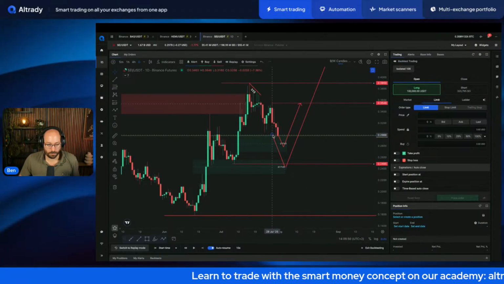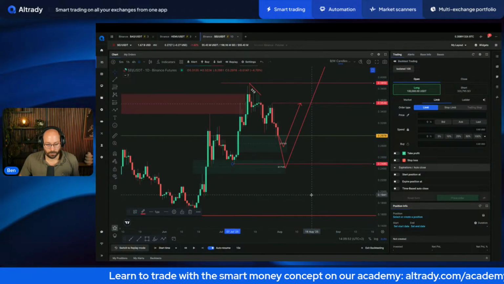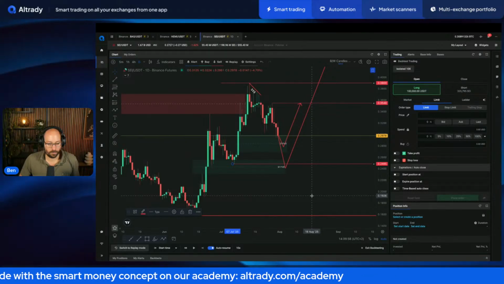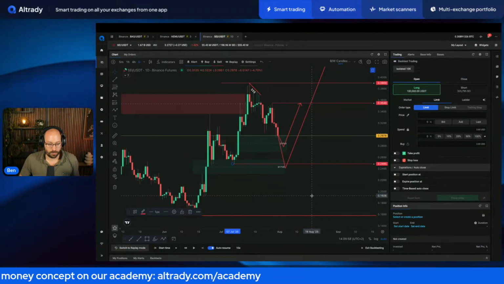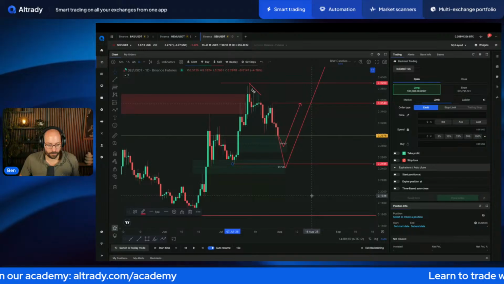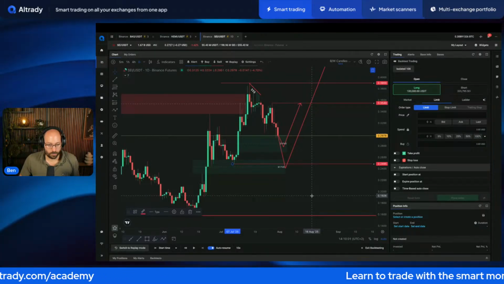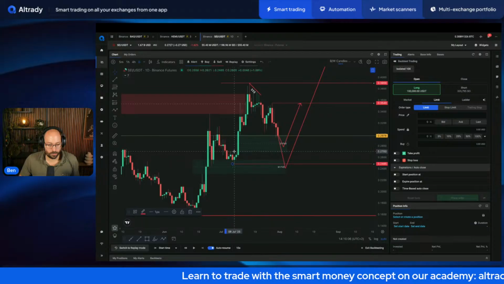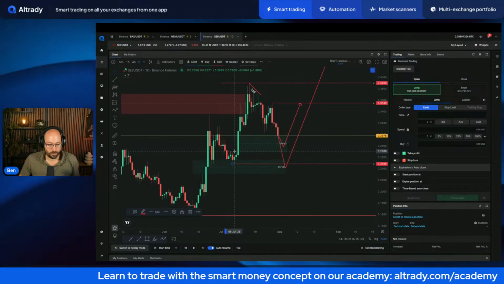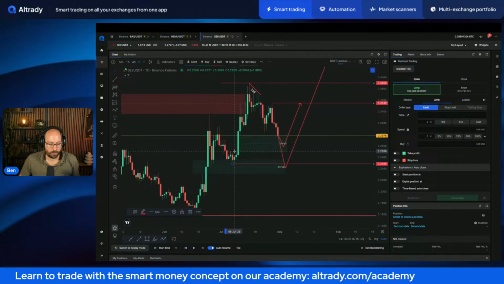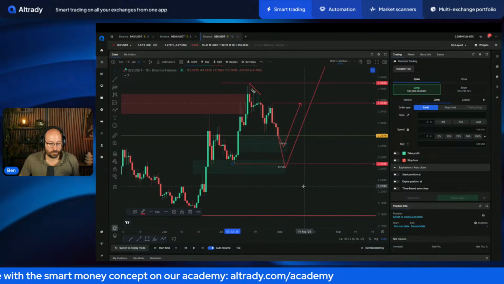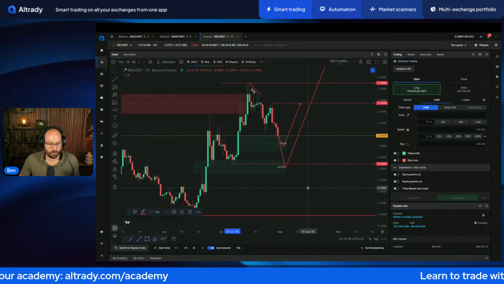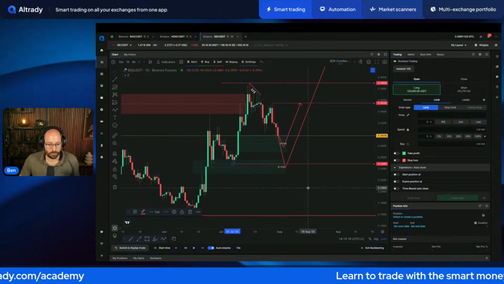Yeah, it makes sense. Also here, upon testing the weekly fair value gap, you can see that there is a daily shift. Probably fulfilling this fair value gap can be an option for the movement. Or if daily was your entry time frame, this shift could be an entry point somewhere here, potentially.